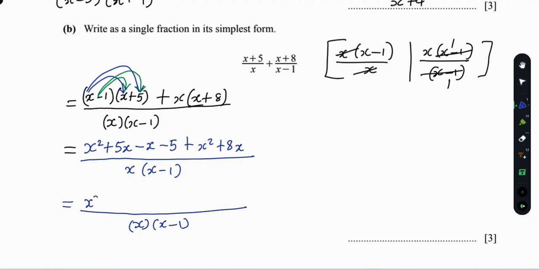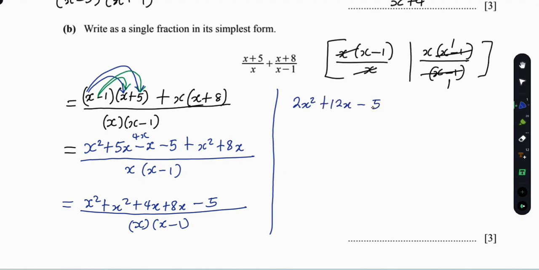So we can group like terms: x squared plus x squared gives 2x squared. Then 5x plus 8x minus x gives 12x. So we have 2x squared plus 12x minus 5, all divided by x minus 1.